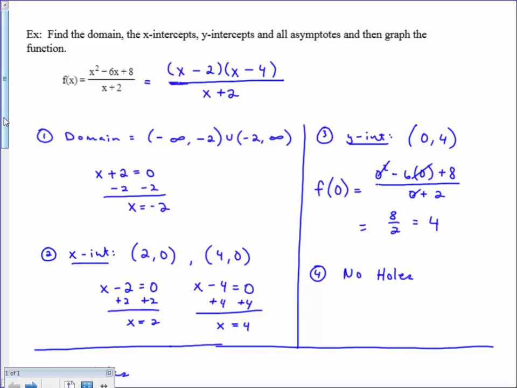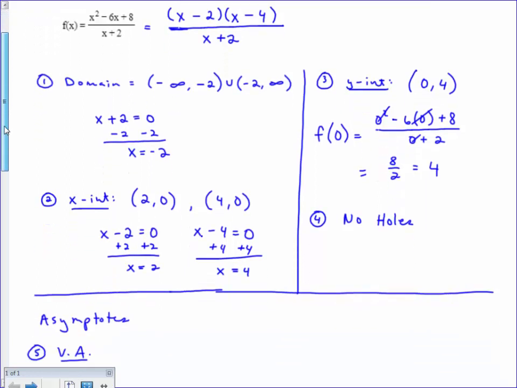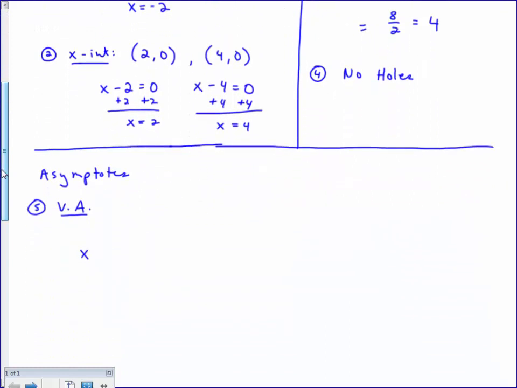This is only after we have factored and canceled anything that would cancel. Well, in this example, nothing cancels, so my vertical asymptote would be found by setting the denominator to 0. So x plus 2 equals 0 would yield x is -2. A vertical asymptote needs to be written in the form x equals whatever value. So x equals -2 would be the proper thing to do here.